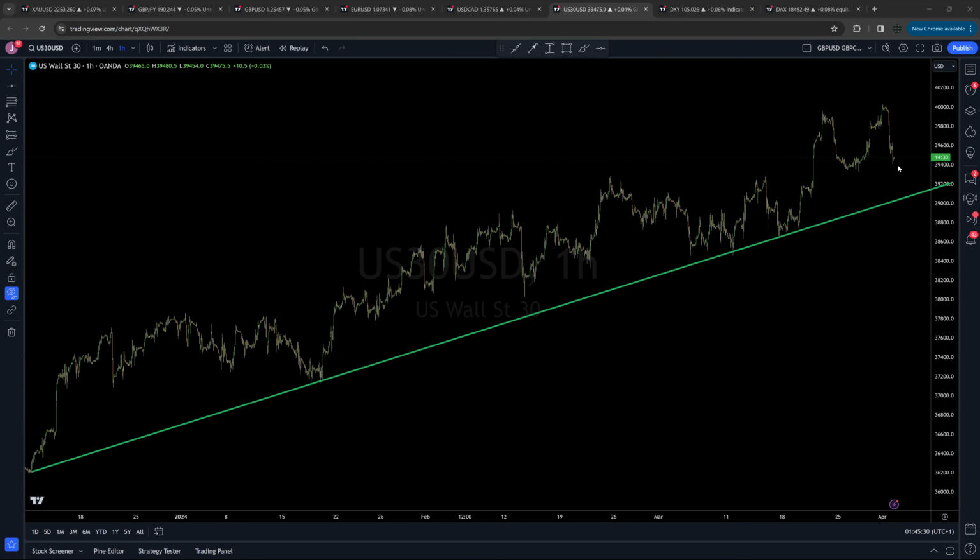Me personally, I wouldn't even mind a little bit of a deeper leg down, couple hundred more points to be retesting the bullish structure, retesting this accumulation in previous liquidity zone at 39,200s before continuing higher and seeing some dip buyer reactions.